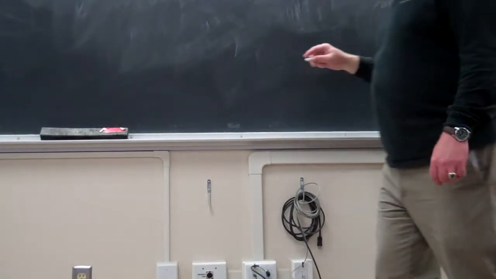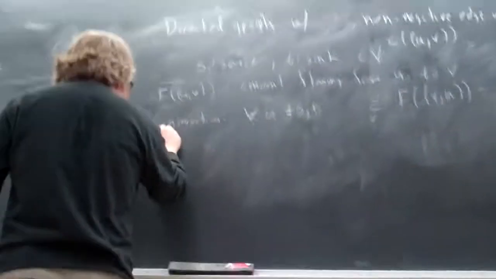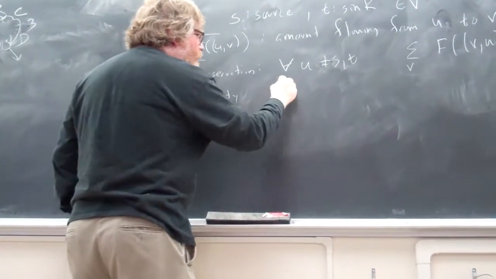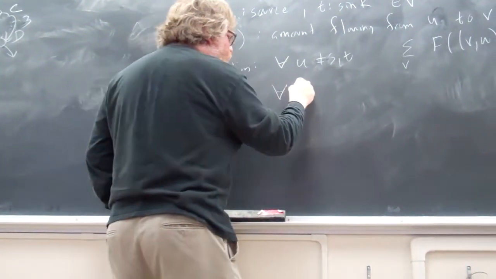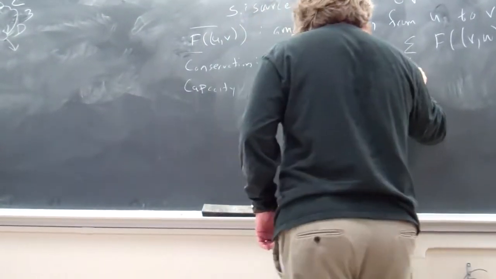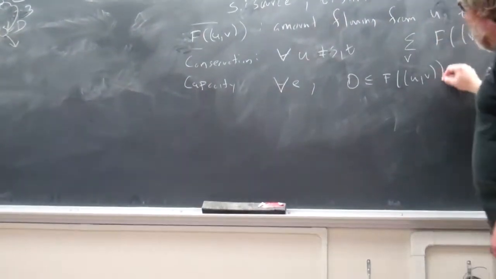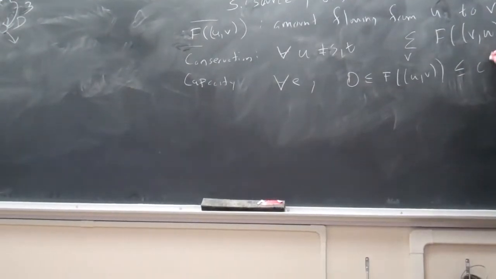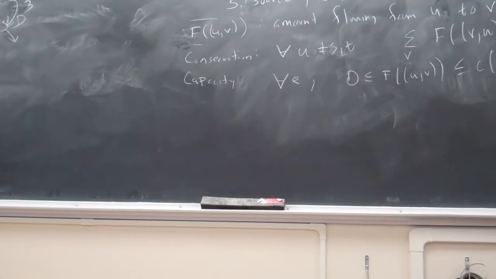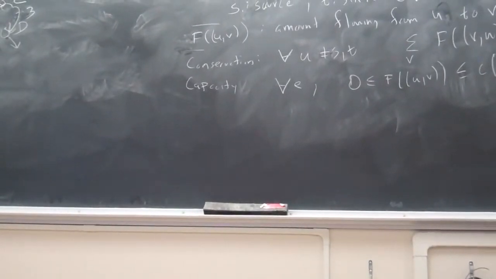And then there's the capacity constraint. For every edge E, the amount flowing through that edge is upper bounded by the capacity of that edge, or else the pipe bursts, which is bad.